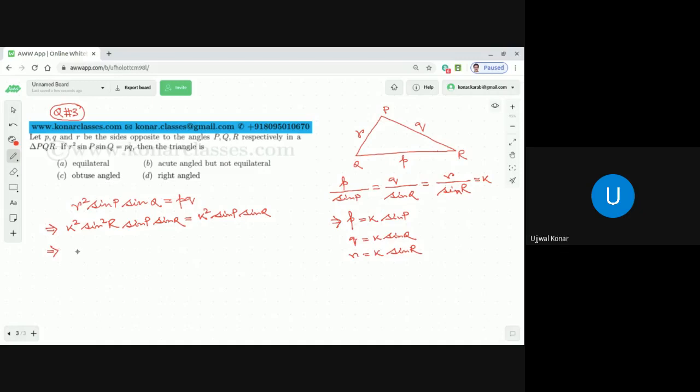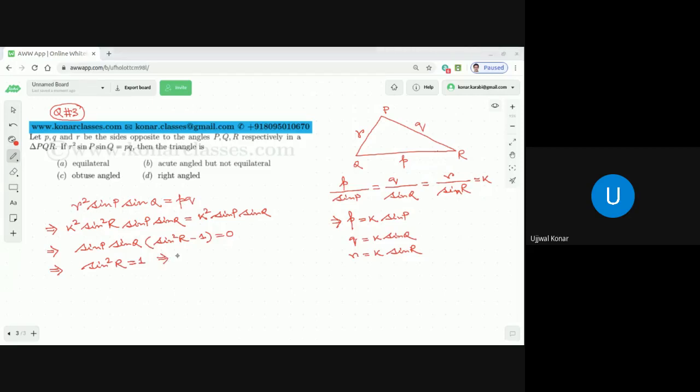So then what we can write is that sine P into sine cube into sine square R minus 1 is equal to 0. So from here, what we can write, dear students, sine square R is equal to 1.